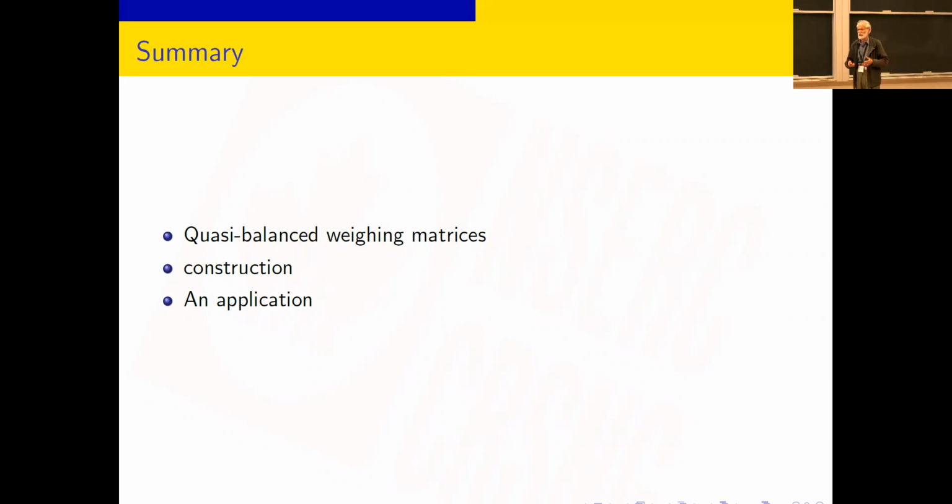Namely, either you get a group divisible design, or you get a strongly regular graph, and so on. So we thought that maybe we introduced these as quasi-balanced weighing matrices. So I'm going to talk about quasi-balanced weighing matrices now a little bit, and then I will present a couple of constructions and indicate an application.